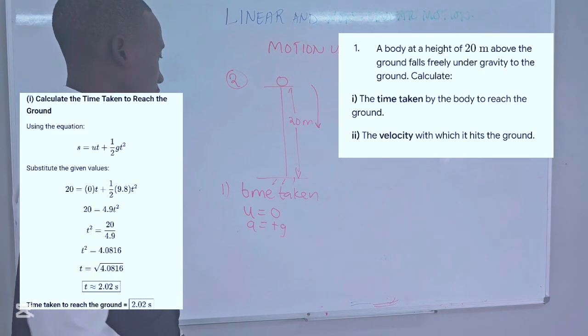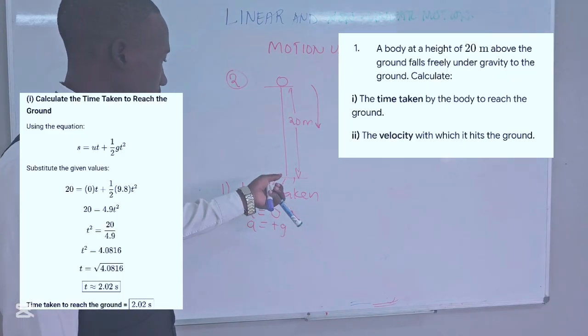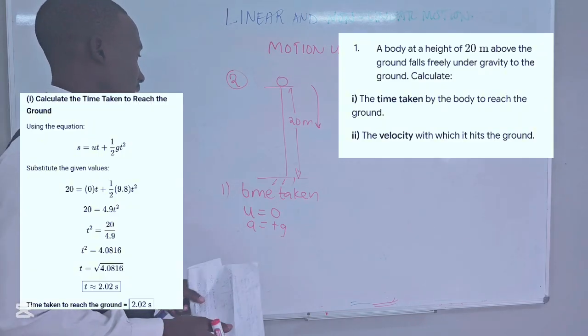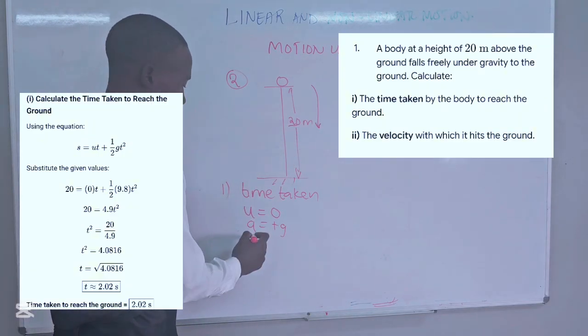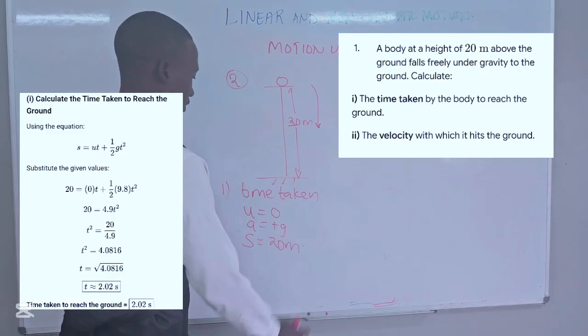So we are going to choose an equation that can help us get the time and that has a displacement. We already have a displacement of 20 meters.